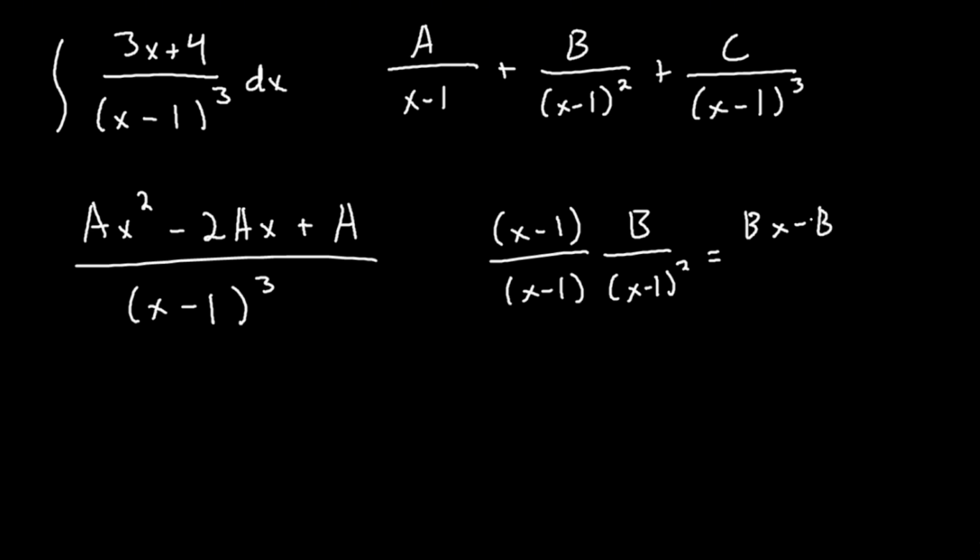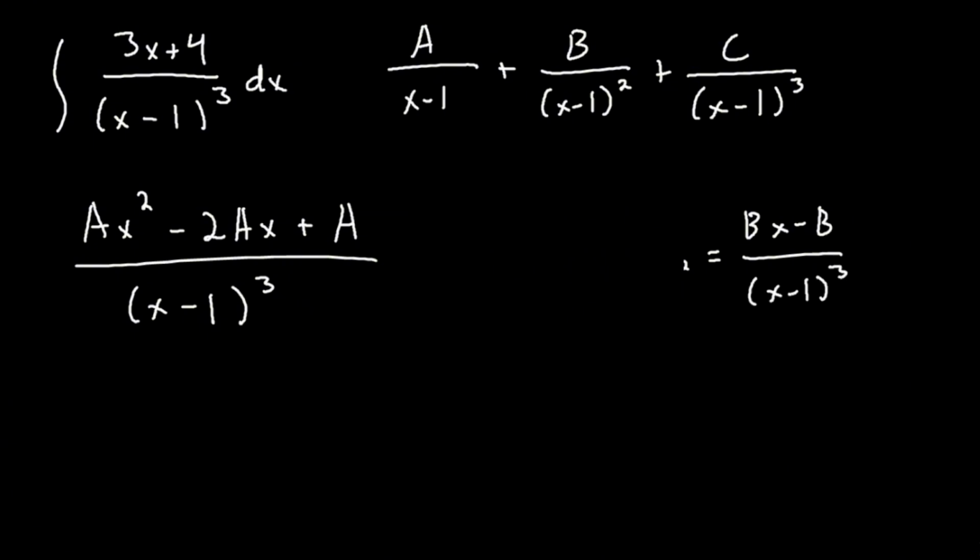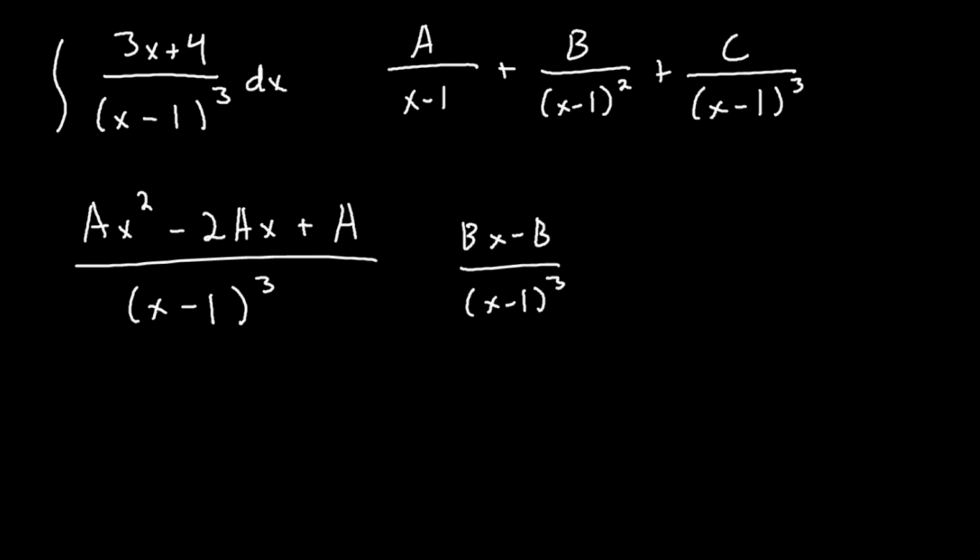There you go. All right, what about for c? Well, for c, it's very easy. The denominator is already the same as the original denominator, so you just multiply by 1, technically, and you get the same thing: x minus 1 cubed.